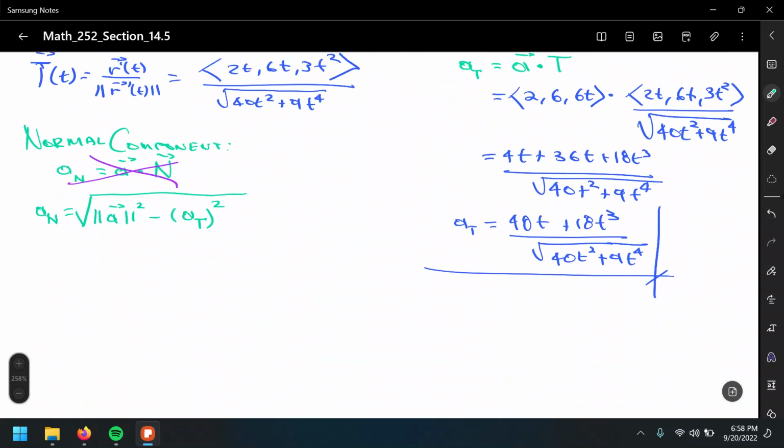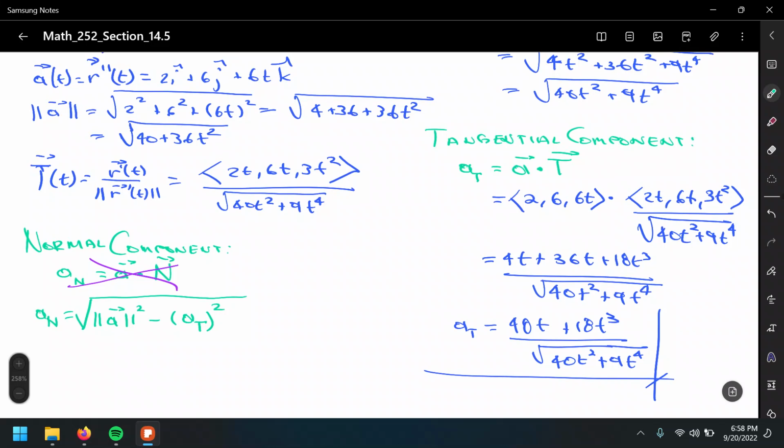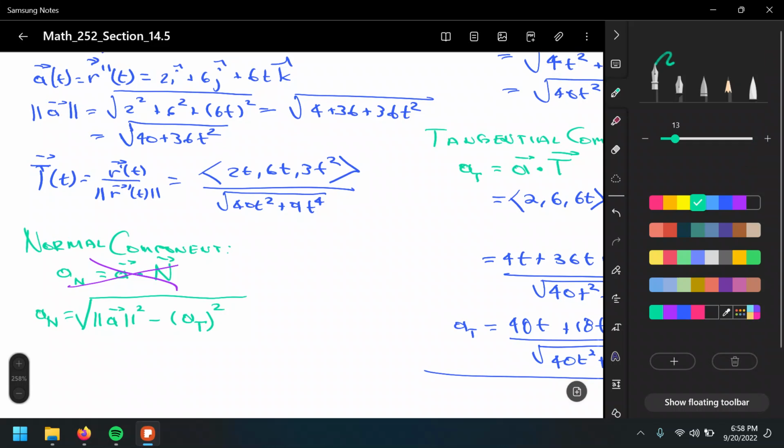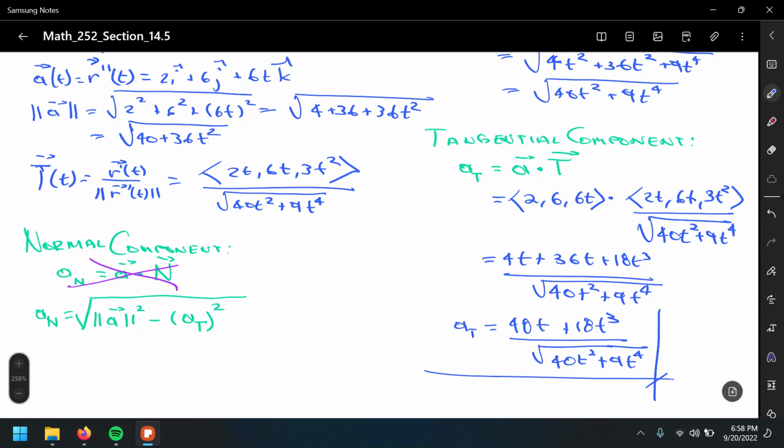So let's see. We have the magnitude of the acceleration vector. Didn't we get that? Where is it? Right here. So let me highlight so you can see. So acceleration. That's going to be here, but we're going to square it.